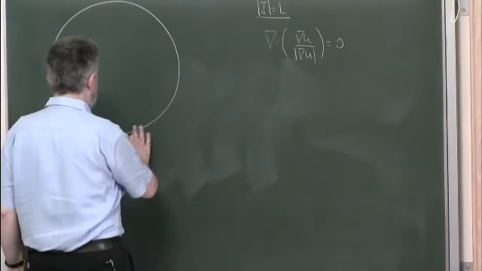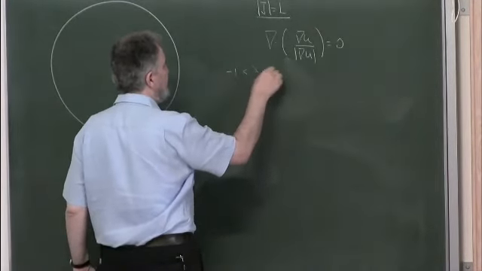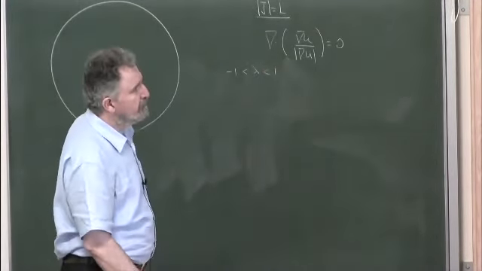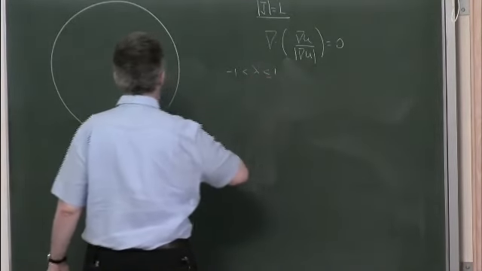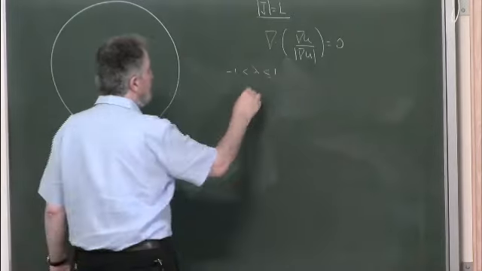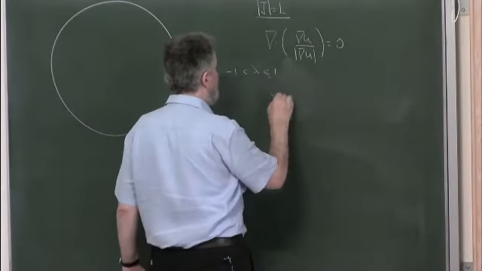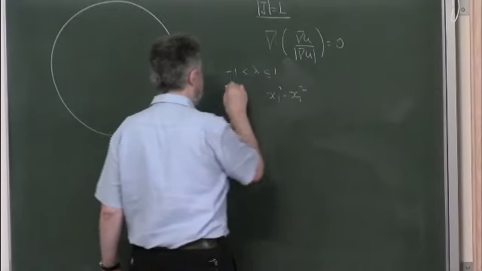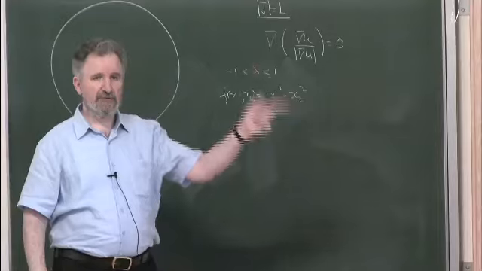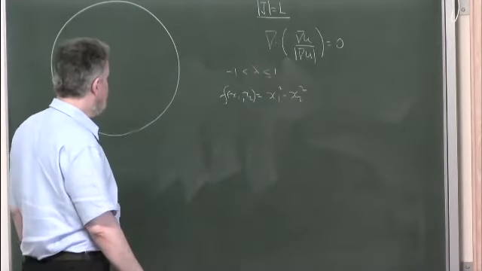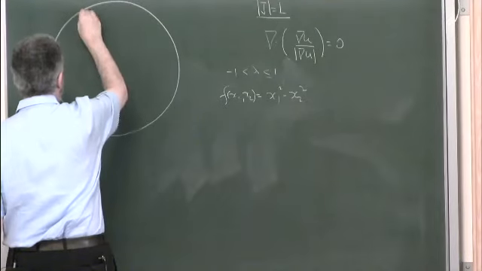And so they have the following family of examples. You take any lambda between minus 1 and 1, and for boundary data, you take x1 squared minus x2 squared. So that's f. So f is basically cos of 2 theta on the boundary. And so cos of 2 theta equals lambda in 4 places.